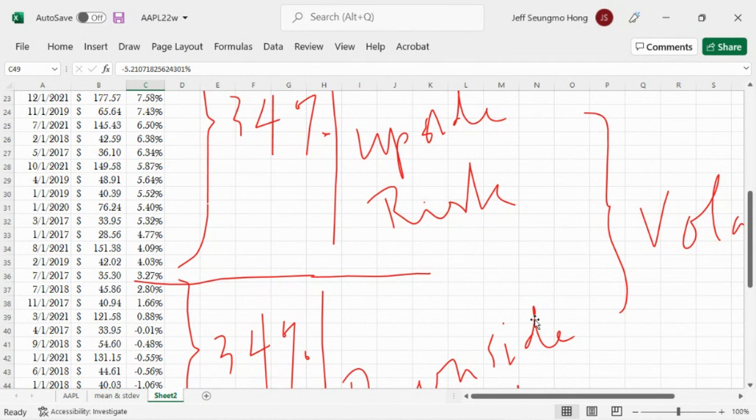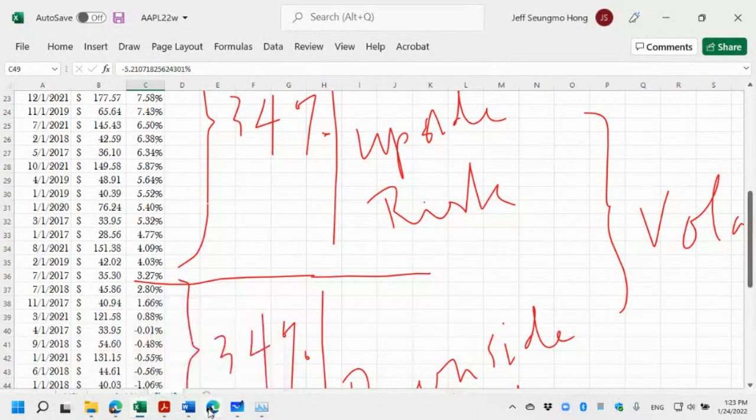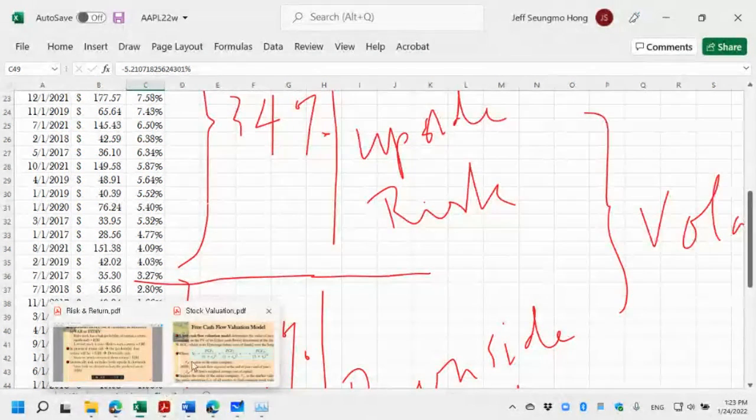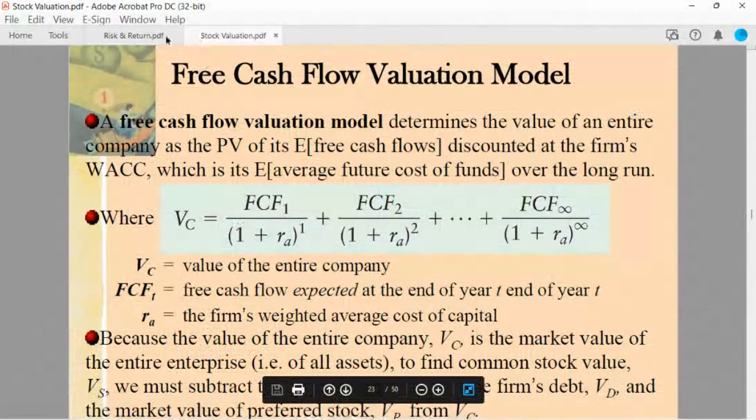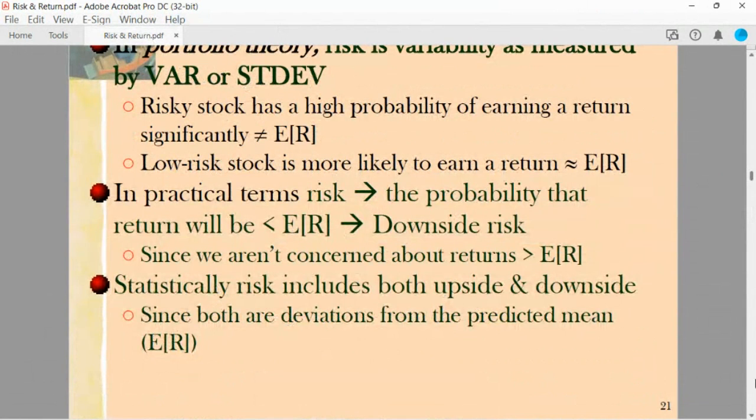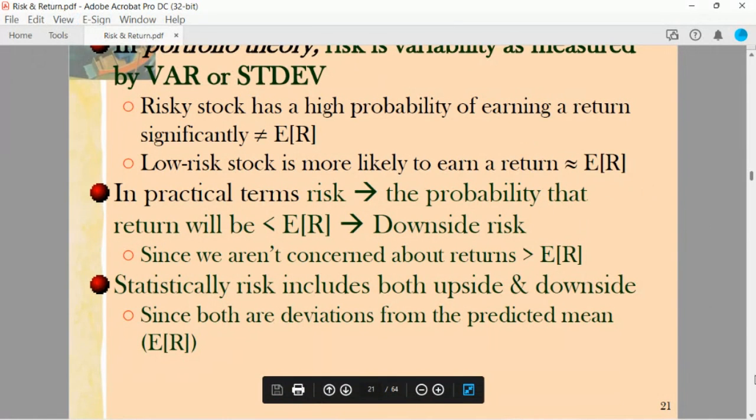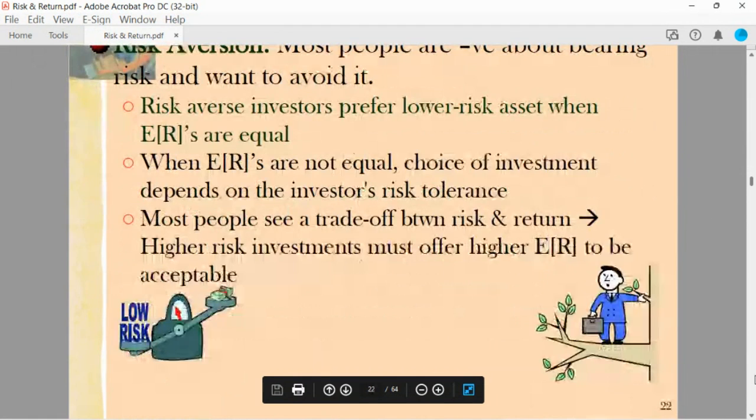That volatility by itself is already a risk. So risk is not only the downside. Deviation from the mean return, the expected return, that's the risk.